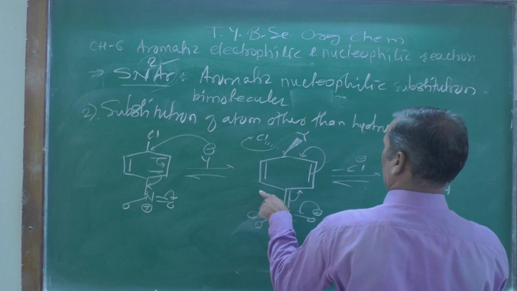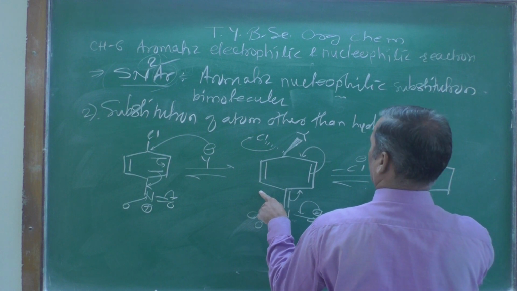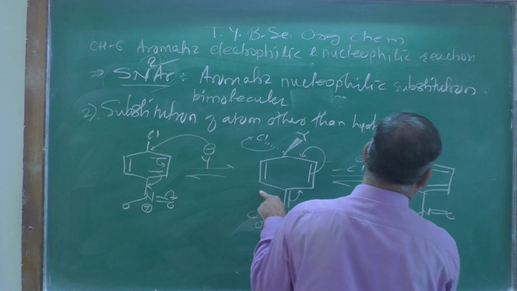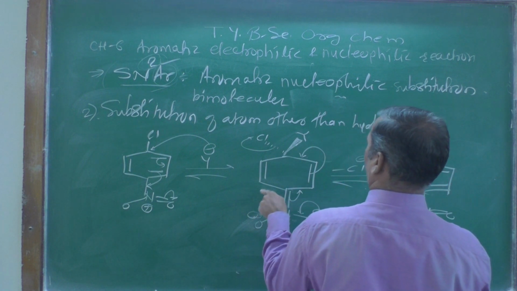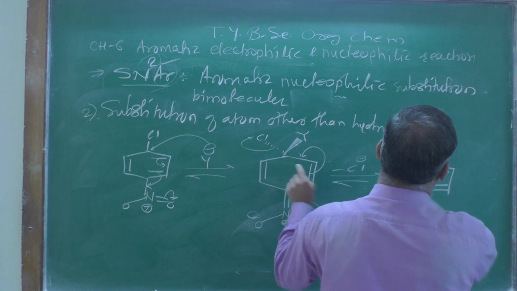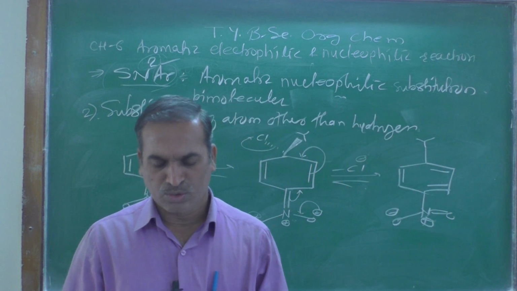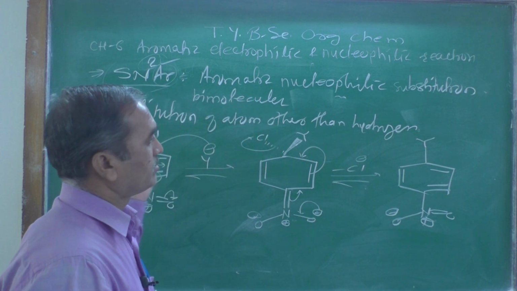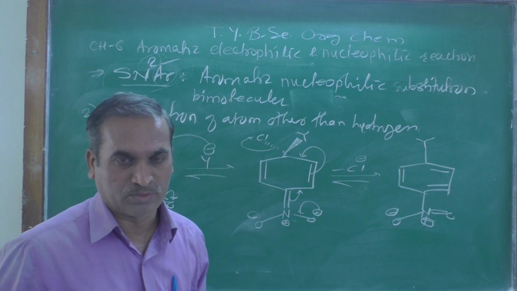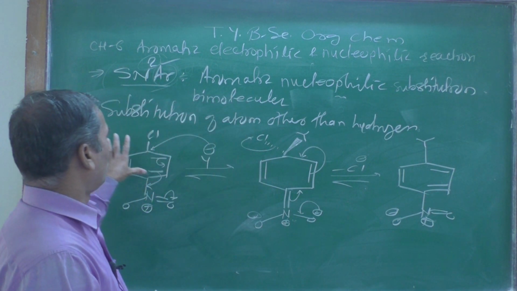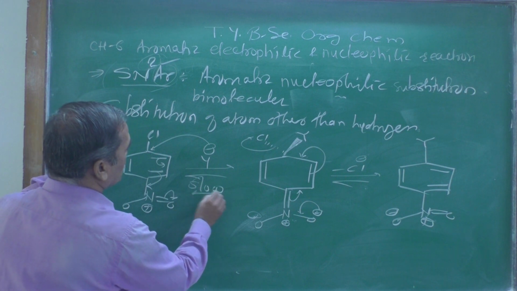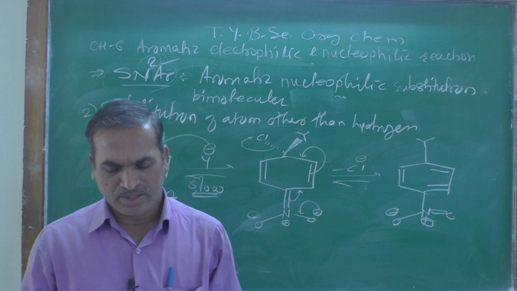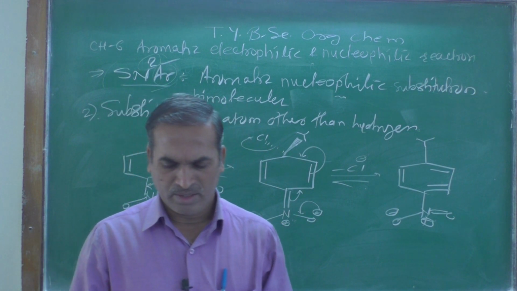So double bond, this double bond, nitrogen double bond O, positive charge as it is, and here we have substituted Y. In this way, if you find the rate of reaction, it is found to be bimolecular, because this reaction is a slow, rate determining step, and therefore we can easily determine the rate of the reaction.